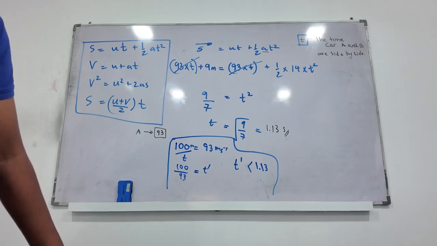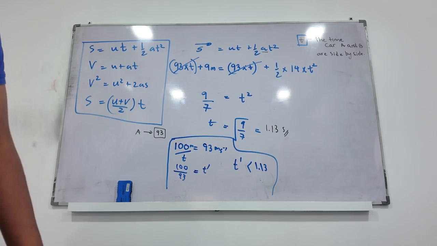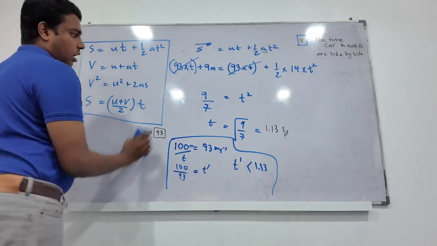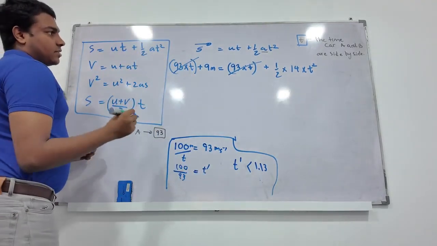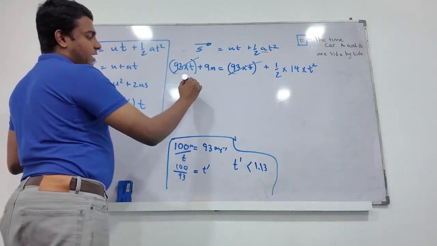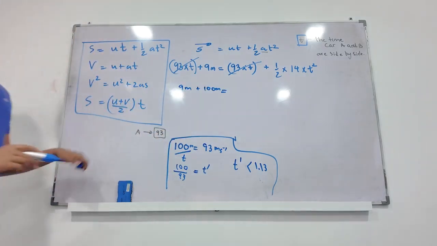You can either do it in that manner, or else there's another way actually to do this. The second way is this. I'm going to erase the top part. The second way is, look at how much distance car B has. Car B has 9 meters plus 100 meters. Why? It is 9 meters behind that.